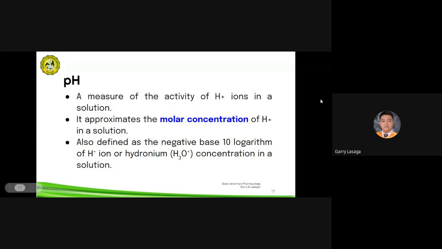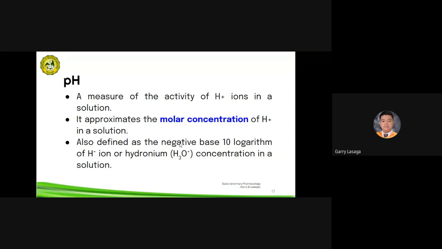So pH is a measure of the activity of the hydrogen ions in a solution. It approximates the concentration of hydrogen ions in a solution, or it is the negative base 10 logarithm of the hydrogen ion or hydronium ion concentration in a solution.